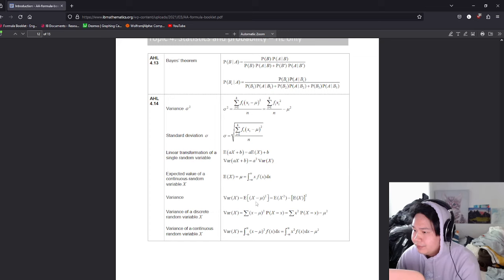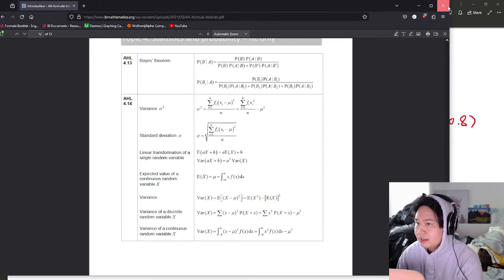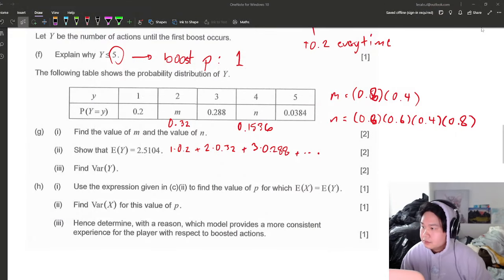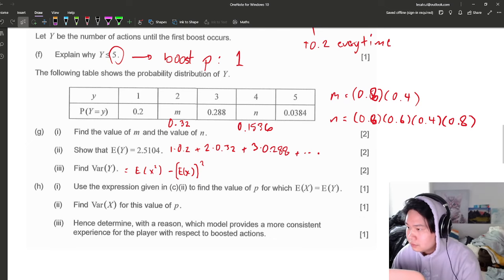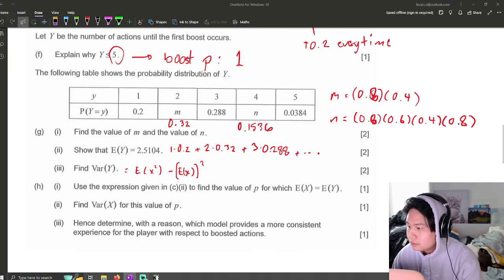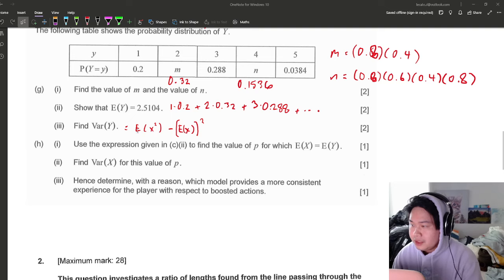It's right here: the expected value of X squared minus the expected value of X, all squared. So we need to calculate this, and we know this part from right here.